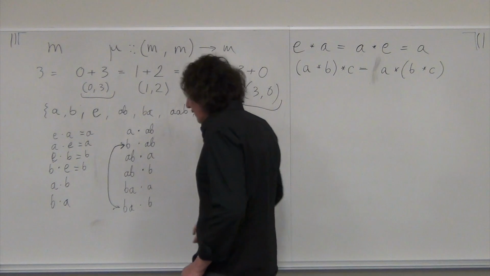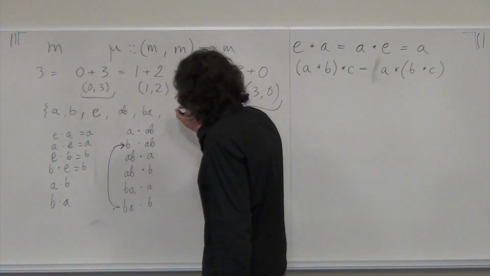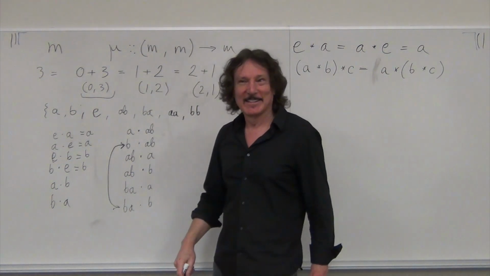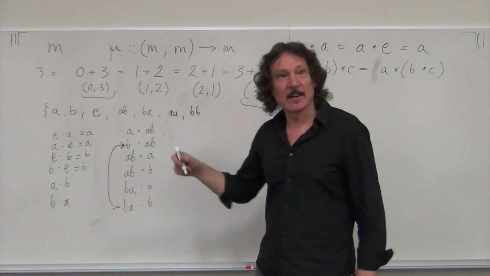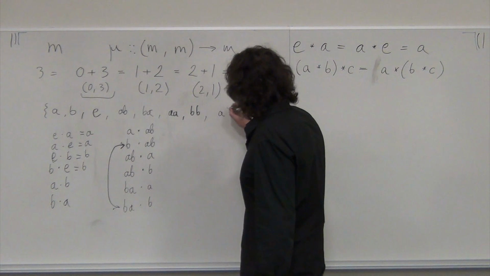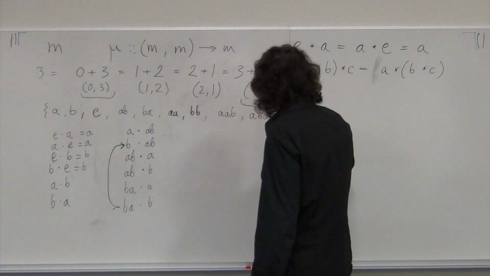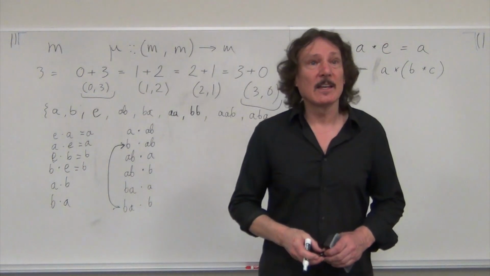Oh, I forgot. There's also AA, and BB. They are easy to forget, but A squared and B squared are also here. So here I'll be adding things like AAB, ABA, and so on. Okay? You see the pattern?